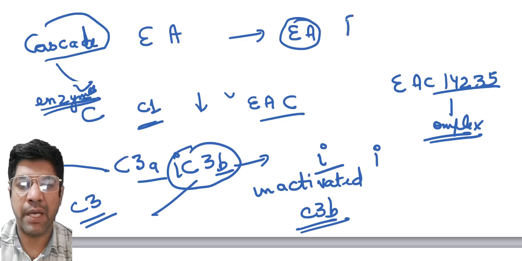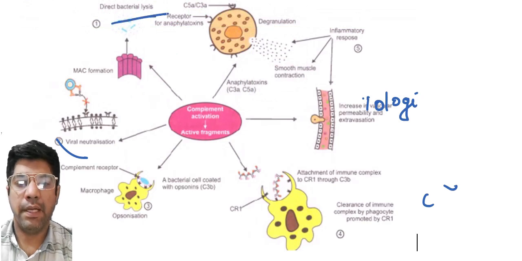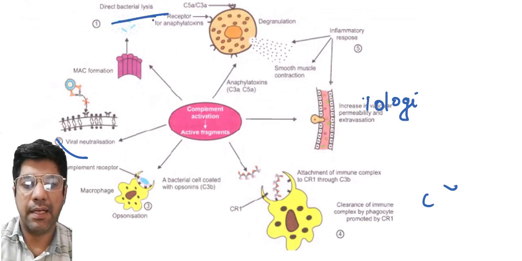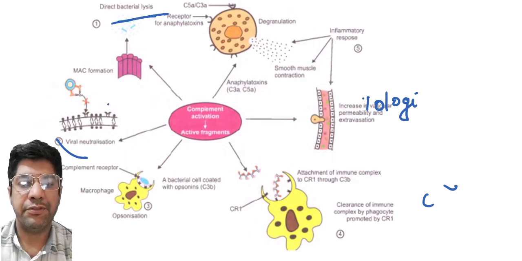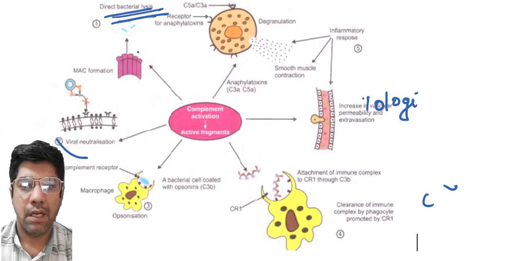Now, what are those biological effects of the complement system? There could be lysis of cells and bacteria, so that helps to destroy pathogens, promoting virus neutralization, preventing viral infection.